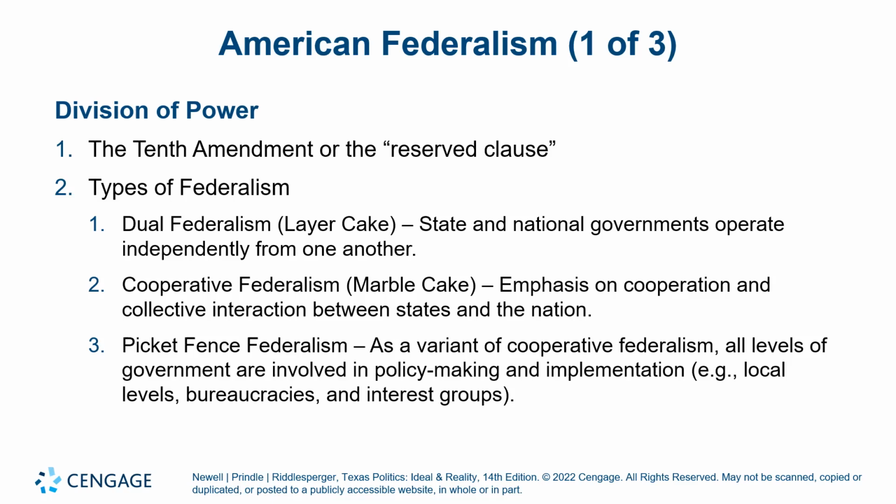They are separate layers that are baked separately, and then they're put on top of each other. So in dual federalism, state and national governments operate independently from one another. This is where you have that strict divide. National government is doing its thing, states are doing their thing, and this is what we had from the inception of our country all the way up until the New Deal, so to speak.